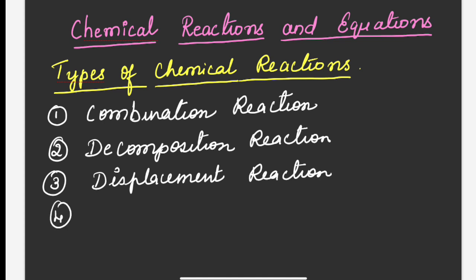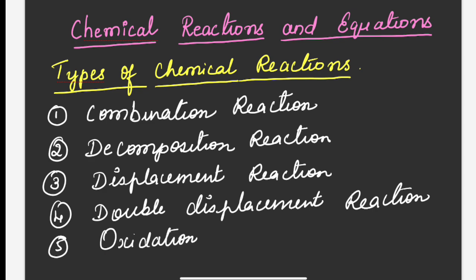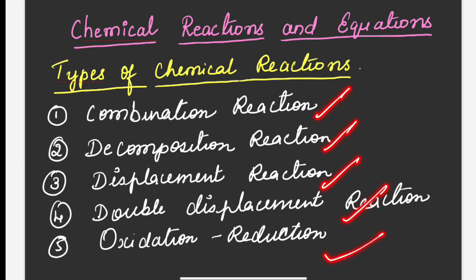Fourth type is called double displacement reaction. And fifth type is called oxidation and reduction. So these are the 5 types of chemical reaction you have to learn in this chapter.